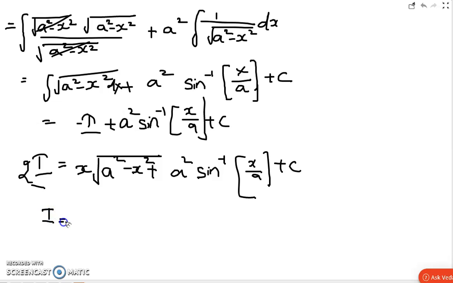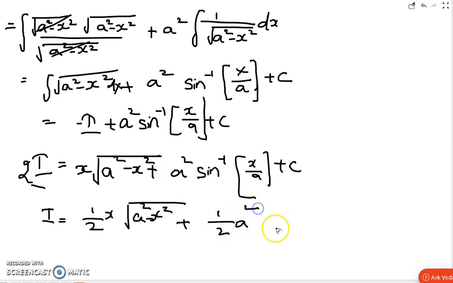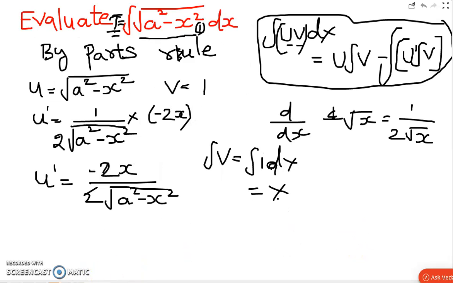I is equal to 1 by 2 x root of a square minus x square plus 1 by 2 a square sine inverse x by a plus c. So this is the answer. In this way, the by parts rule shall be done. Hoping that you have understood. Thank you.